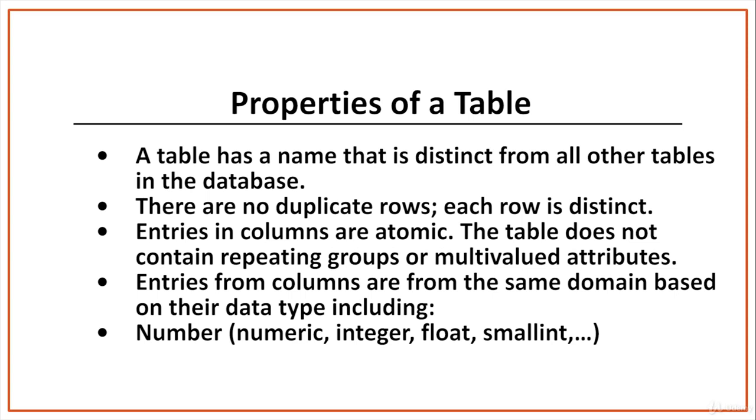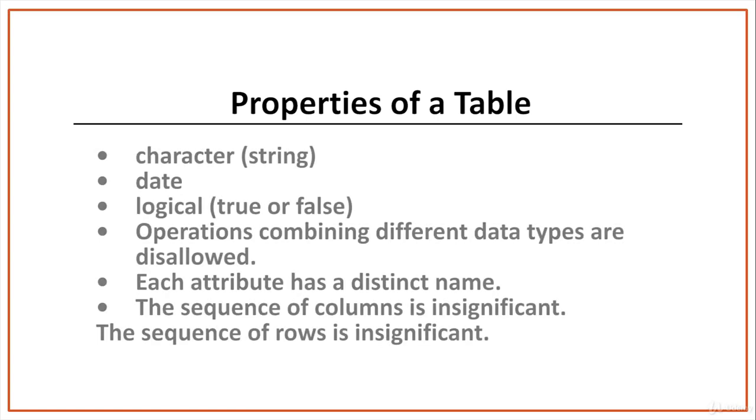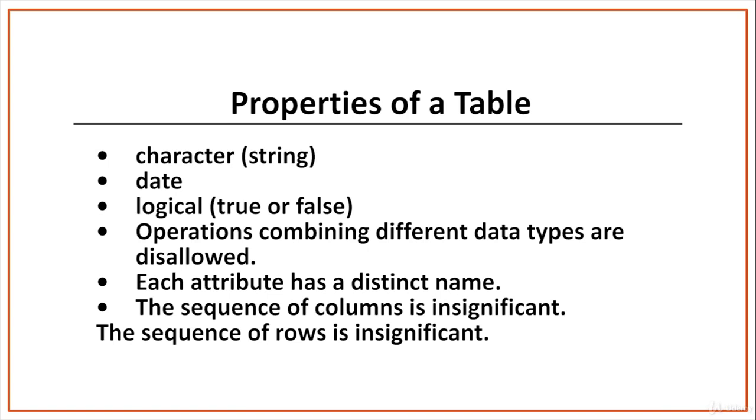Entries from columns are from the same domain based on their data type, including number, like numeric, integer, float, or small integer, character, string, date, logical, like true or false. Operations combining different data types are disallowed. Each attribute has a distinct name, and the sequence of columns is insignificant. The sequence of rows as well is insignificant.